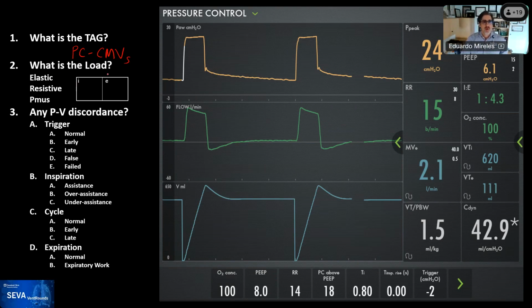So what is the load? So here, remember, we read what's the load during inspiration as well as what's the load during expiration. So let's start by inspiration. What do you think is the load? Elastic, resistive, or PMOS?